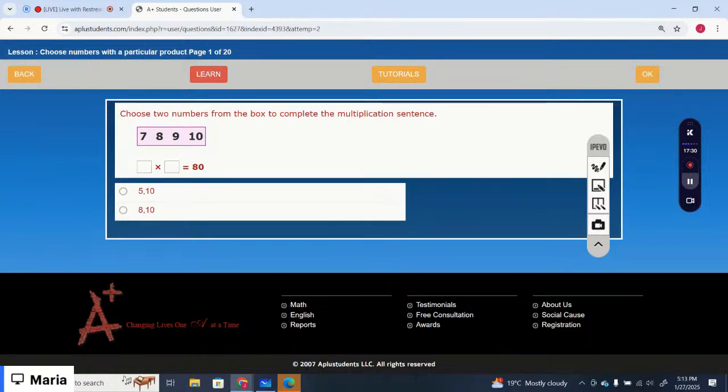Let's just start with the test questions. Choose two numbers from the box to complete the multiplication sentence. Which two numbers have the product 80?